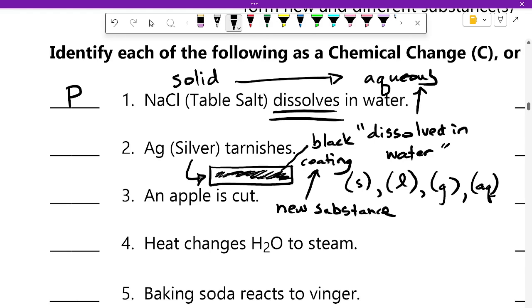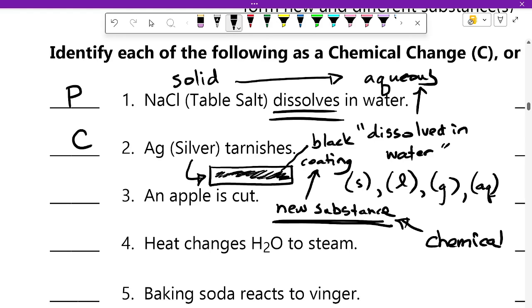And if that's a new substance, is that a chemical change or a physical change? Anytime we get a new substance, that's always going to be chemical.